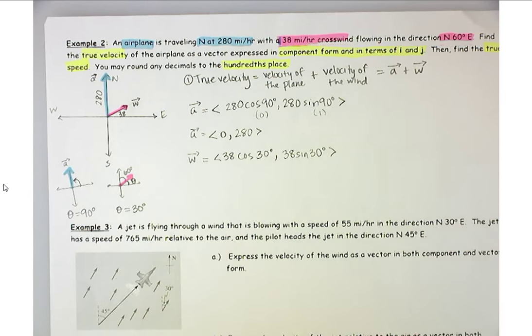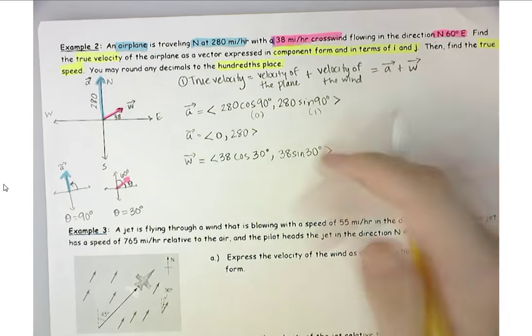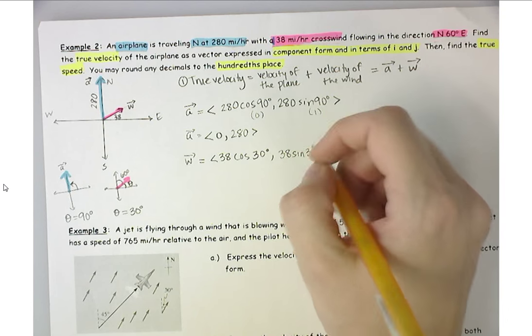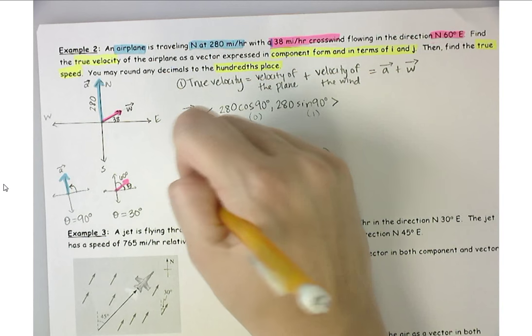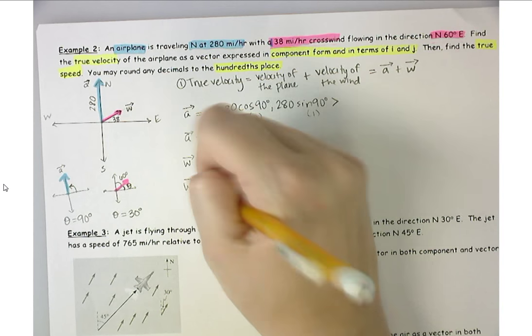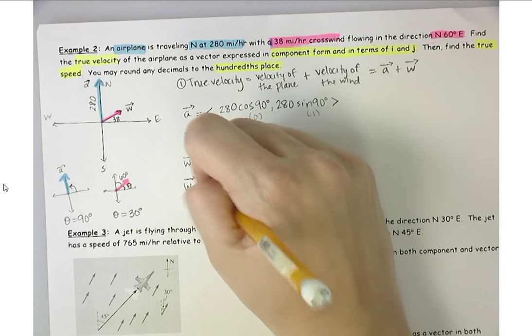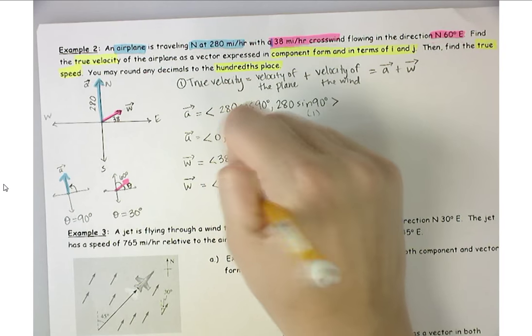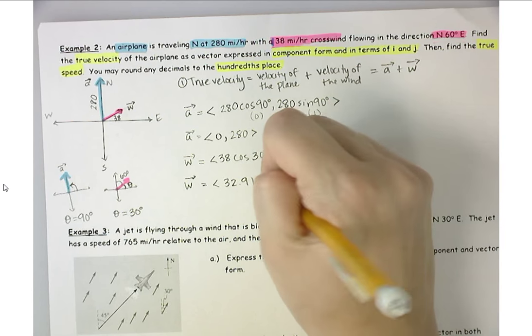Okay, so if you noticed, oh, I got the right answers, but they were in the wrong spot, then you just took your wrong value of theta. Okay, so the sine of 30 we know is 1/2. This is root 3 over 2. Because you're going to be adding them together, you can go ahead and do the calculation as a decimal, so 32.91. And then again, remember this is 1/2, so that would just be 19.